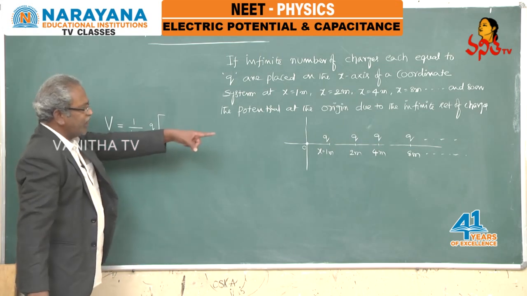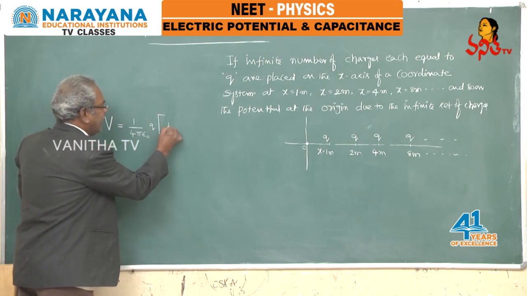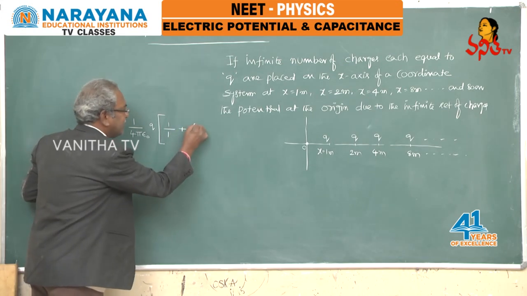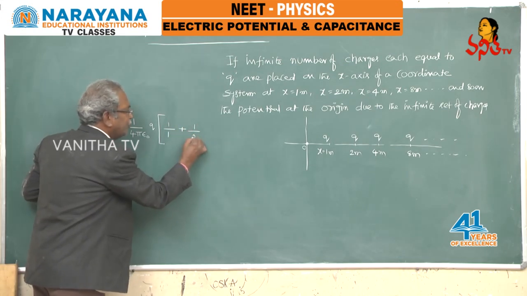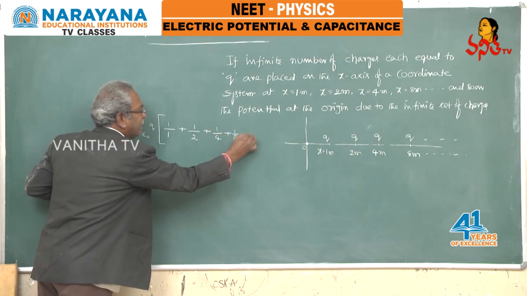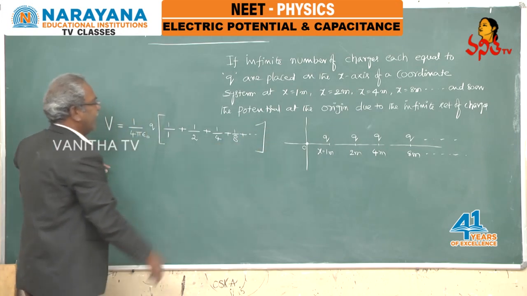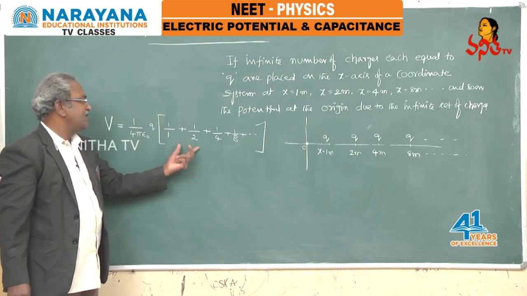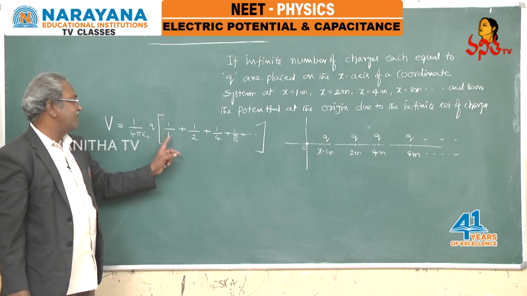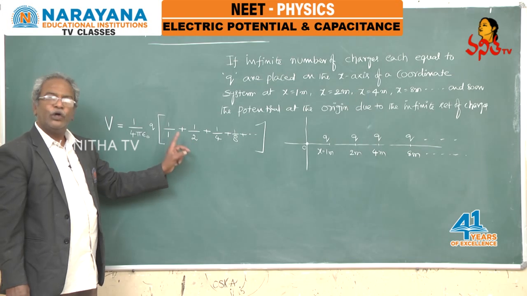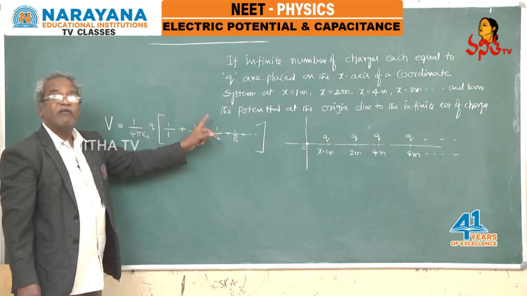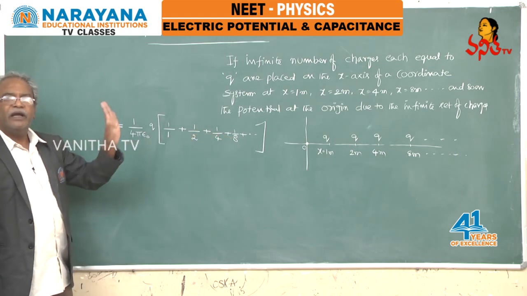What is the potential because of the first charge? 1 by 1, plus the next charge is also q only, 1 by 2, plus 1 by 4, plus 1 by 8, and so on. So clearly you can observe it is a geometric progression with first term 1 and common ratio half. 1 into half is half, half into half is 1 by 4, 1 by 4 into half is 1 by 8.